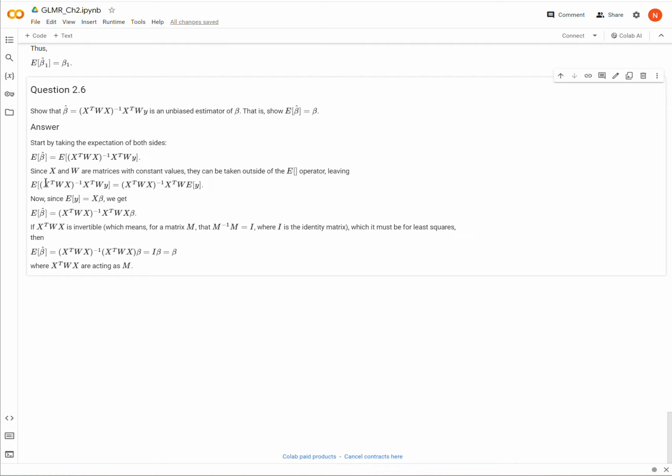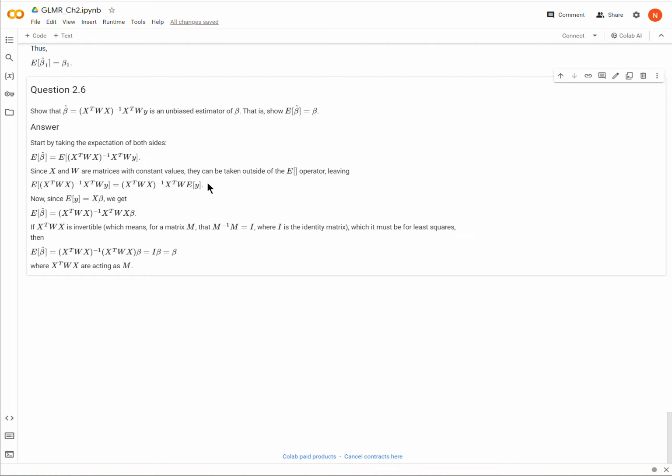They're not variable. And so we can take them outside of the expectation operator, and all that we're left with inside is the expectation of y.